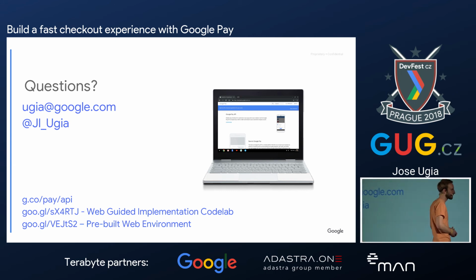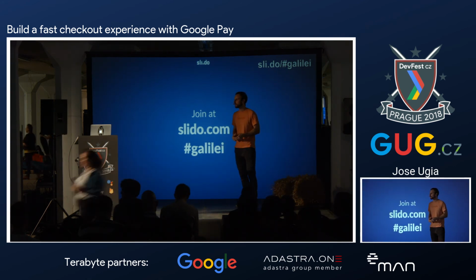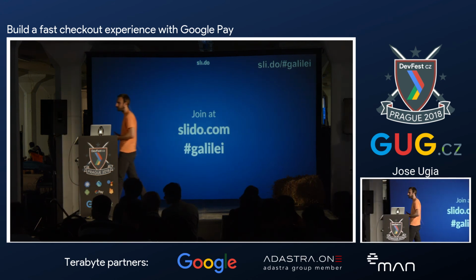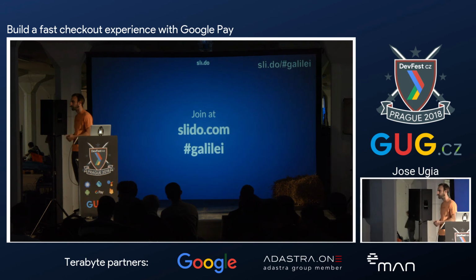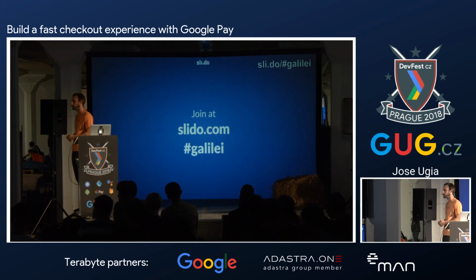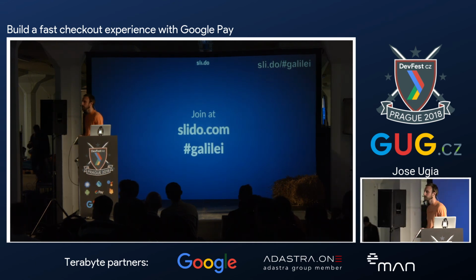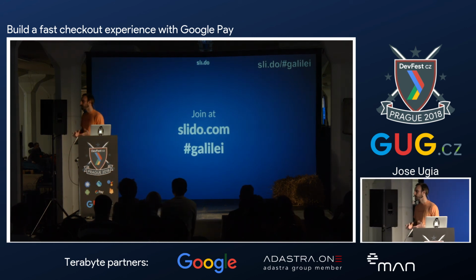Another question? Is it also possible to integrate payments via mobile phone? I mean, to charge it to my tariff. Oh, like carrier billing? Yes, carrier billing. That's not necessarily part of Google Pay.